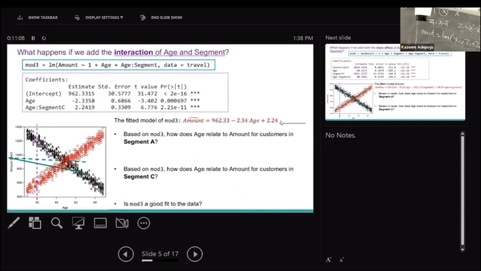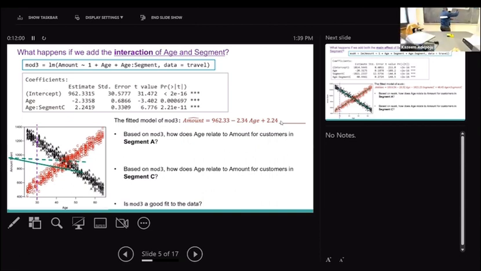Now, what actually happened is this. If you want to go by what we have here, let me shorten that: amount equals 962.33 minus 2.34H plus 2.24H segment C. When segment C equals 0, we're going to have this as intercept and this as slope.